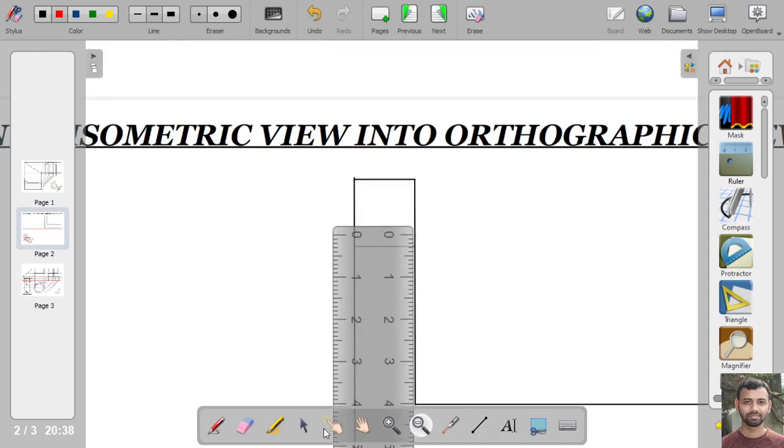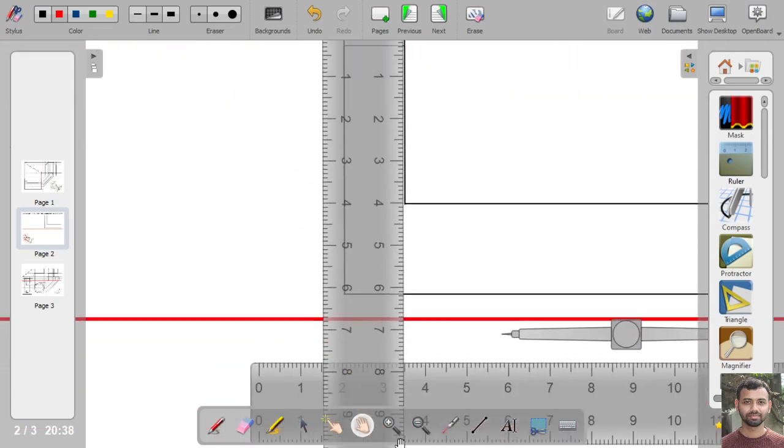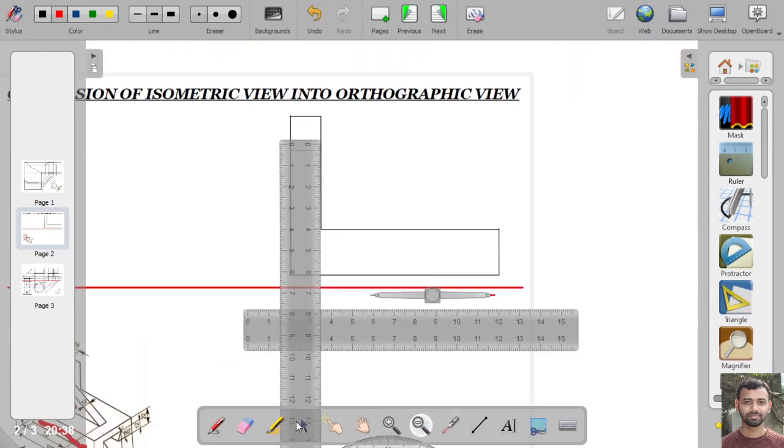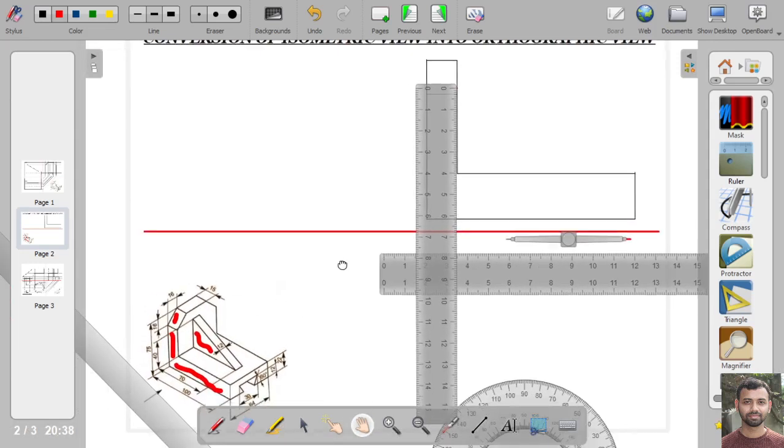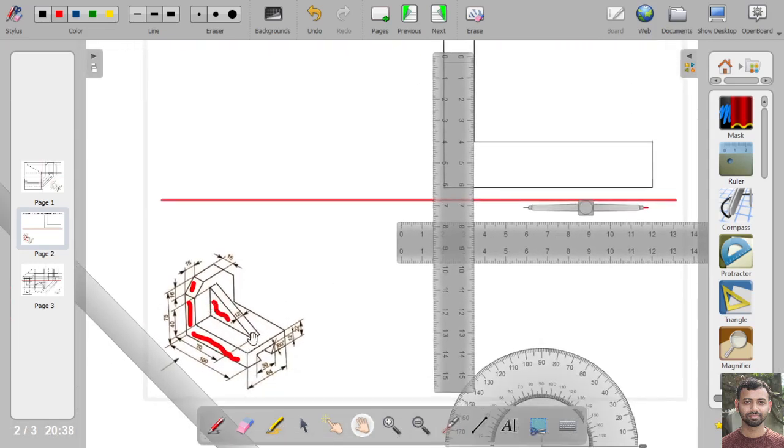Now the distance of this point from this edge is 70 mm.